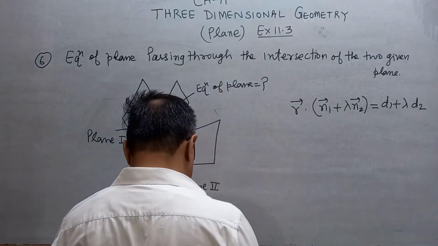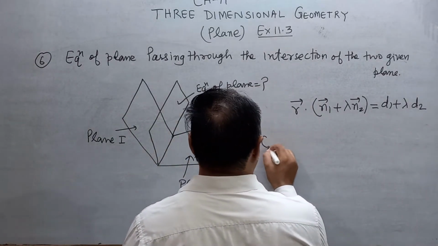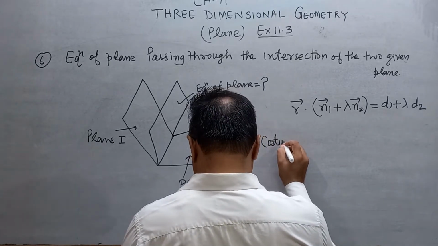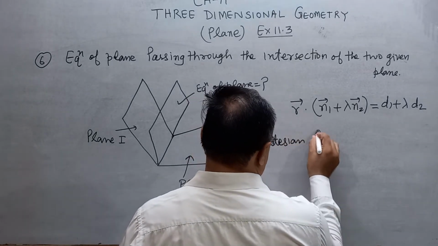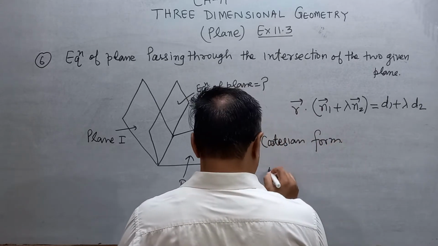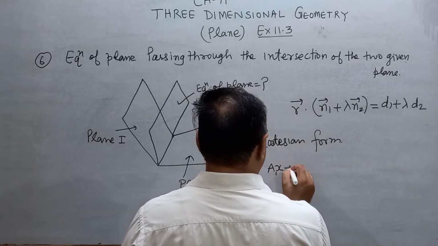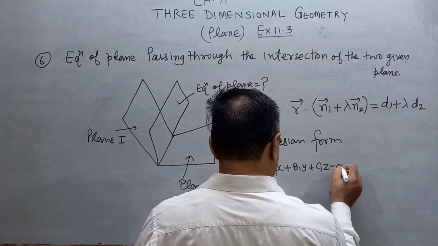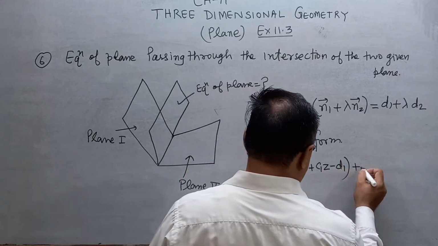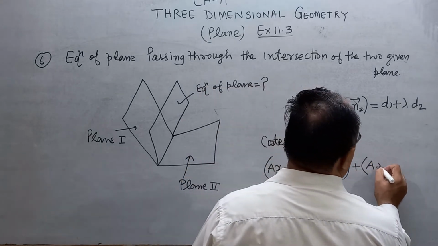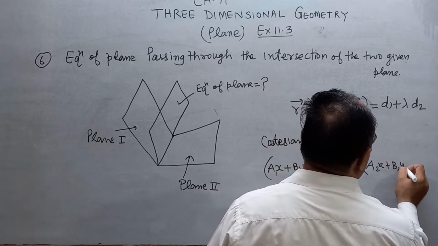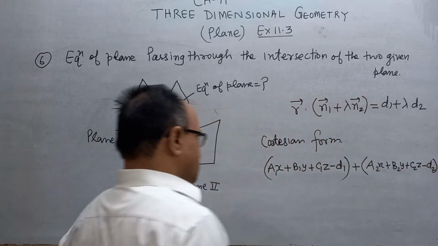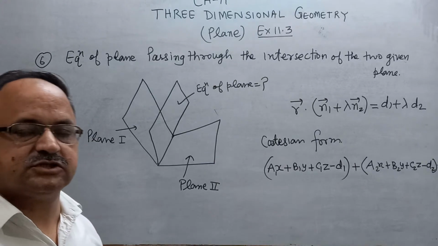This is the vector form, and the Cartesian form of the plane is a1x plus b1y plus c1z minus d1, this is the equation of the first plane, plus lambda times a2x plus b2y plus c2z minus d2 is equal to 0. This is the equation of plane passing through the intersection of two given planes.